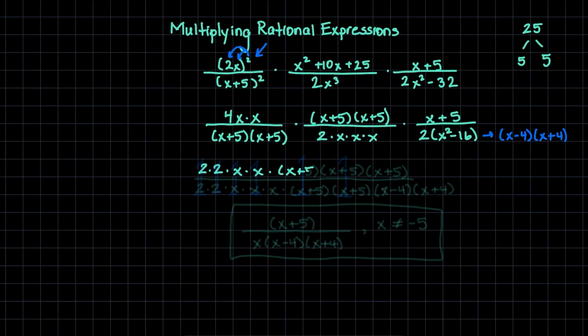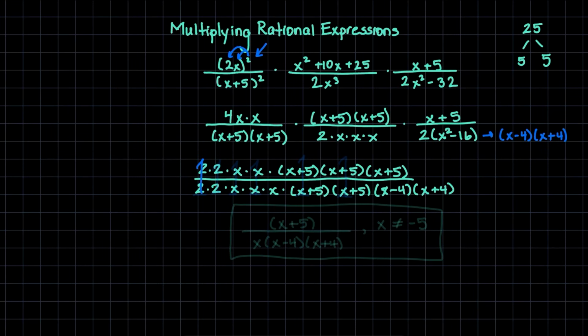X plus 5 times x plus 5 times x plus 5, all over, I'm going to rearrange some things in the denominator. 2 times 2 times x times x times x times x plus 5, x plus 5, x minus 4, x plus 4.